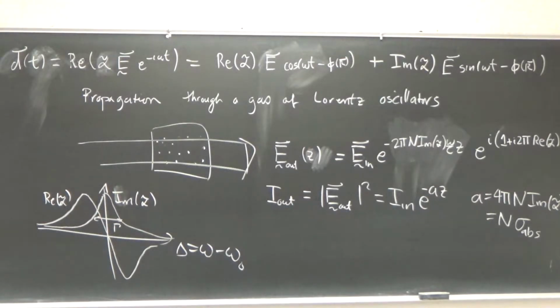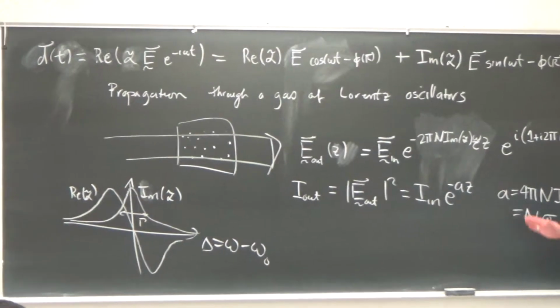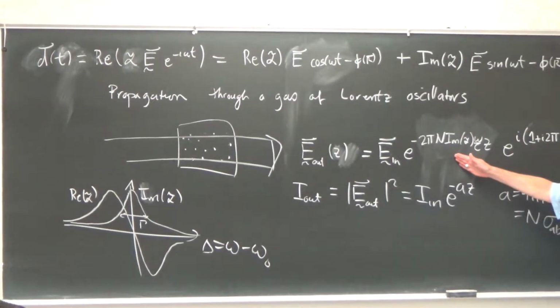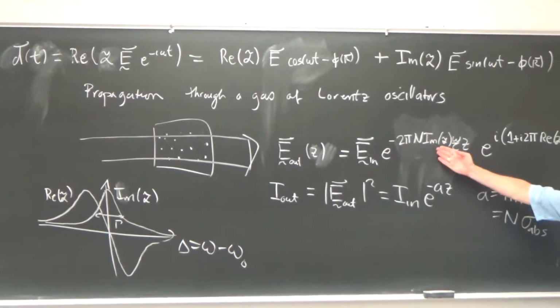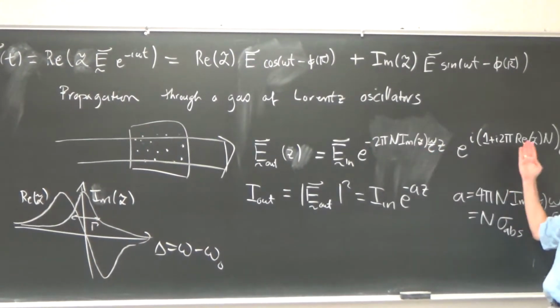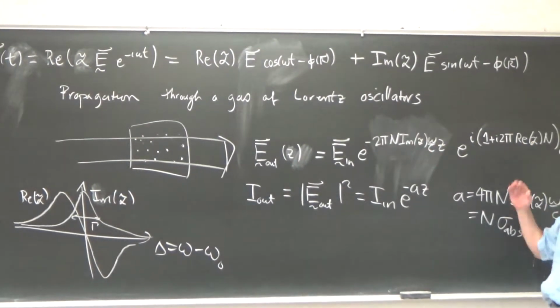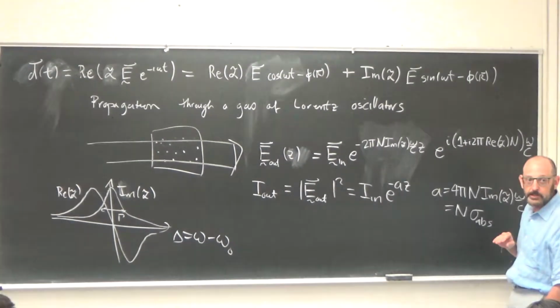And we saw one way we understood what these different pieces were by looking at how, in a simple model of wave propagation through a gas of such Lorentz oscillators, we would get attenuation and a phase shift. The attenuation depends on the imaginary part of the polarizability, and the phase shift depends on the real part of the polarizability.